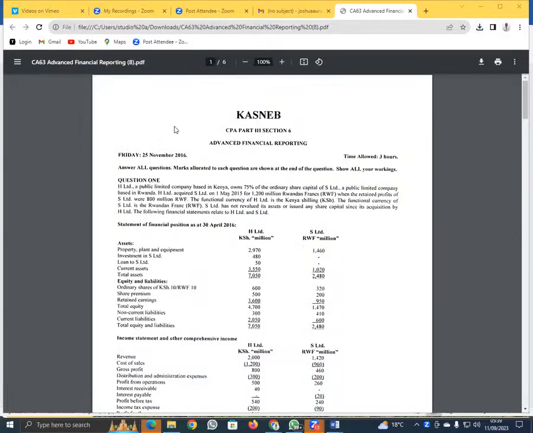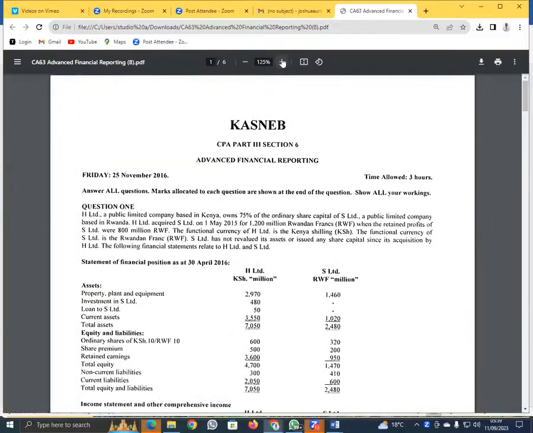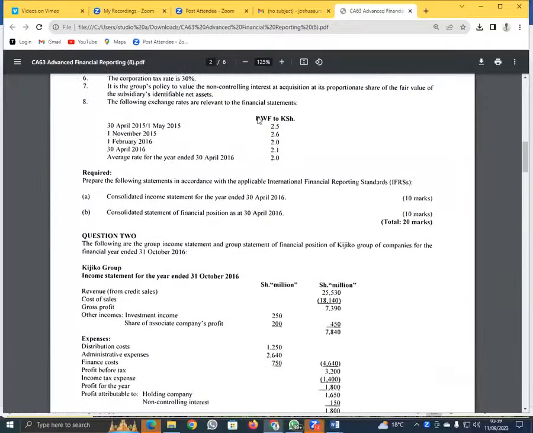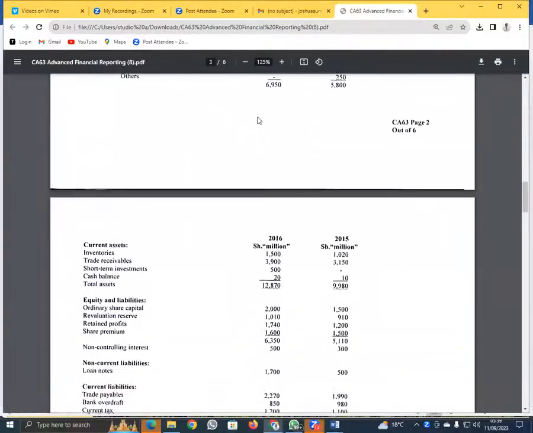Patience pays. Yes, there we are. Great. So expanding this PDF is very easy. So it's November 2016.